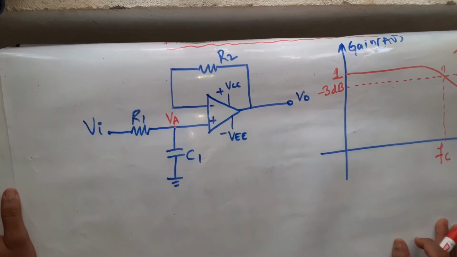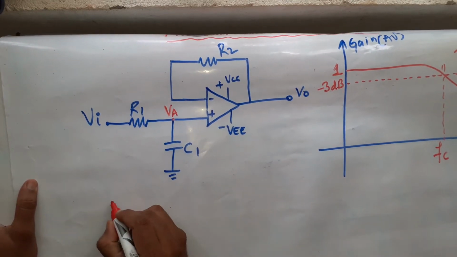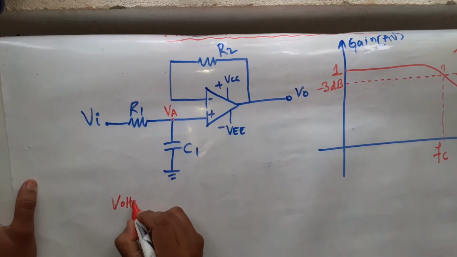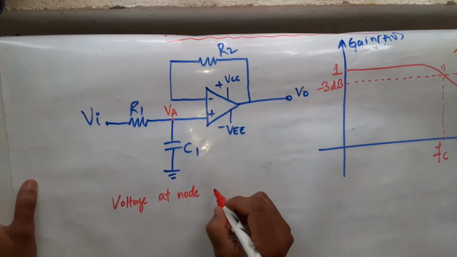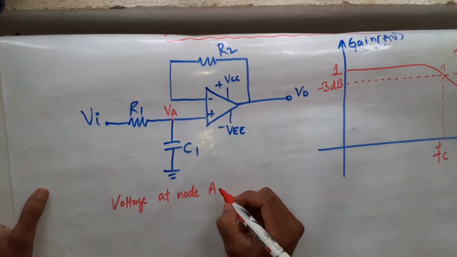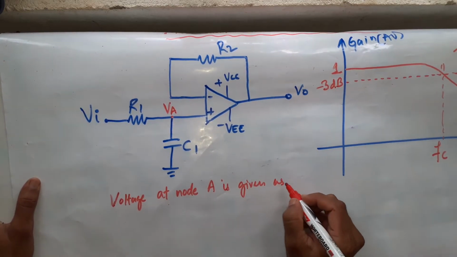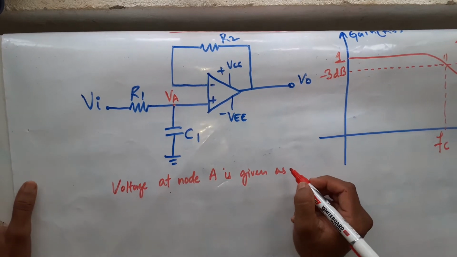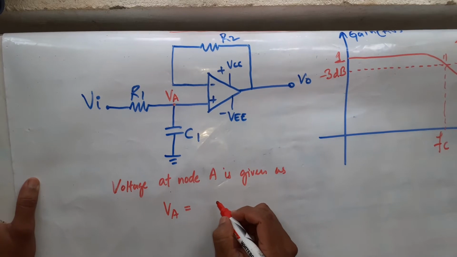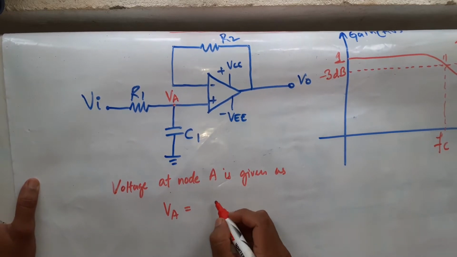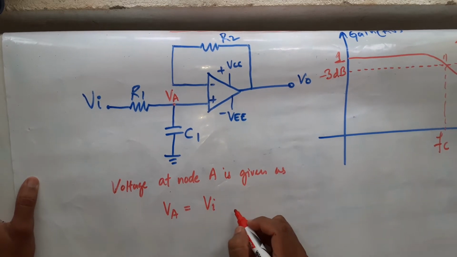Now voltage at node A, how can I write? Voltage at node A is given as, how to write this? Visible, right? VA, voltage in the opposite branch, voltage divider rule. The opposite voltage is VI, input voltage, right?